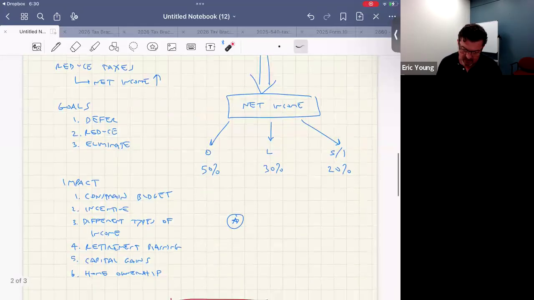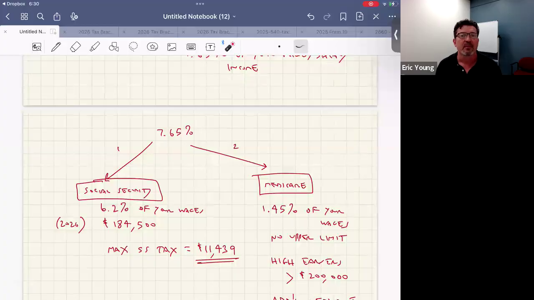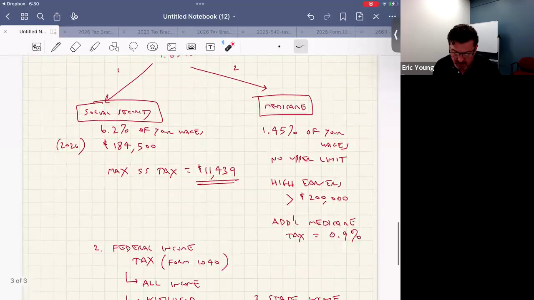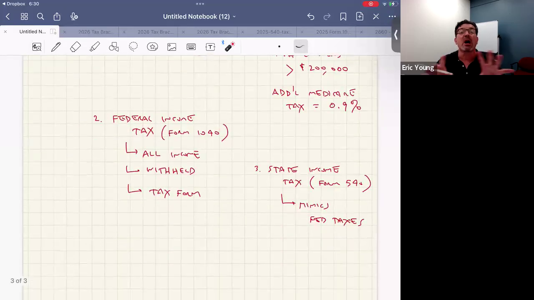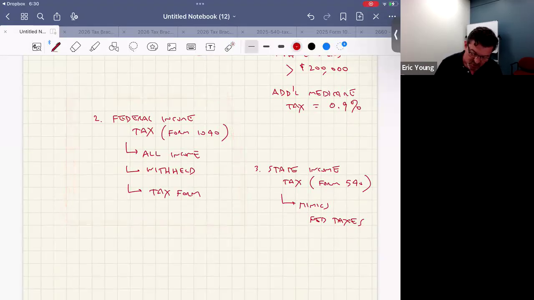And as we said before, it's going to act as a budget constraint. There's going to be some incentives involved. And that's what we're going to spend the rest of our time looking at, okay? So this is our opening. In our next video, I'm going to go at a very top level through the federal income tax, and I'm going to stress a really big, important idea, the idea of marginal tax rates.